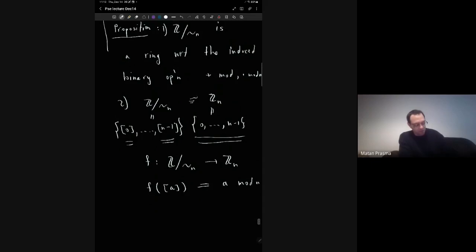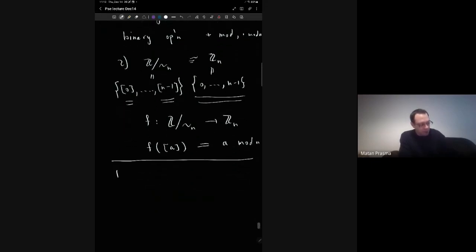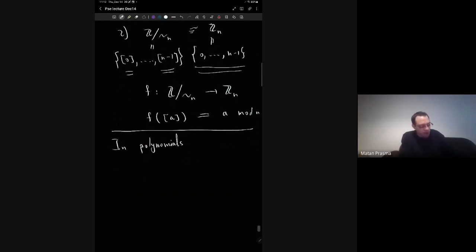Okay, so in polynomials, I basically have the same story. So remember, we defined F is a field, and we take a polynomial f. Let's change the notation because I don't assume now that the polynomial is prime.